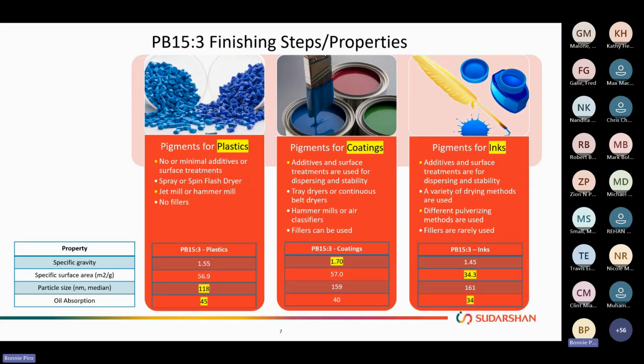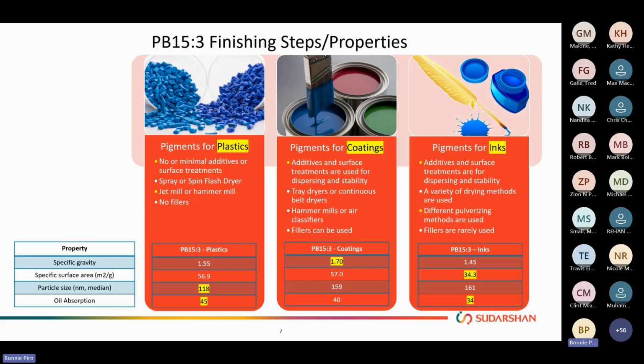Other aspects, for example, on the ink side, that one is the lowest in terms of the oil absorption, which signifies that there's not as much surface treatment on there, and the pigment itself doesn't absorb as much of the polymer as you would potentially see in other areas.